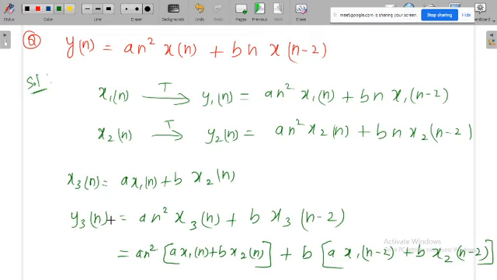y3 of n is equal to a n square x1... Okay, so here in the original equation we are having bn, so that means here we will have bn.